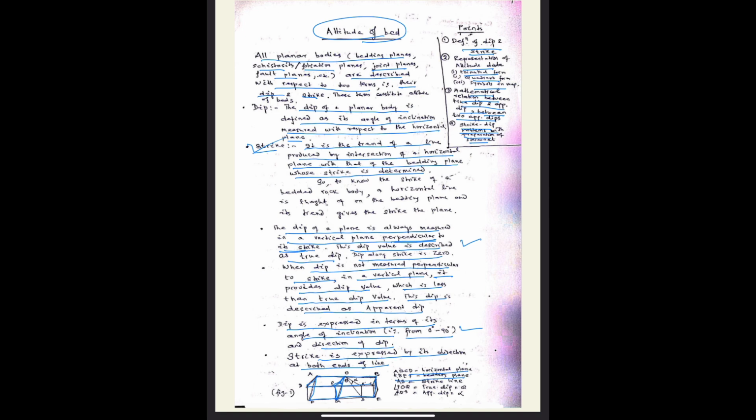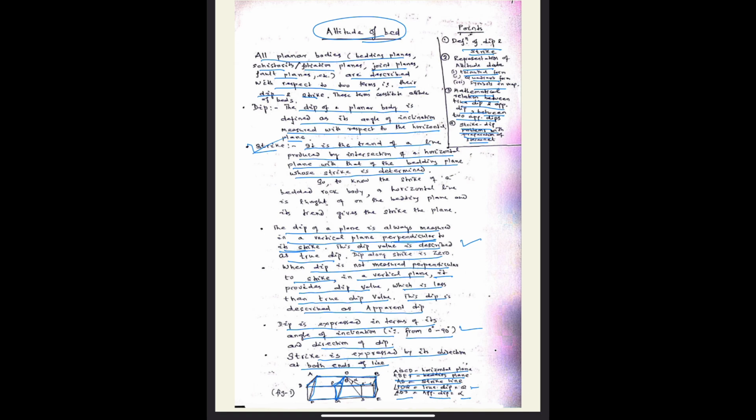ABEF is the dipping plane. AD is perpendicular to the AB line, that is strike. POQ is the dip amount, that is theta. ROS is apparent dip, that is alpha.